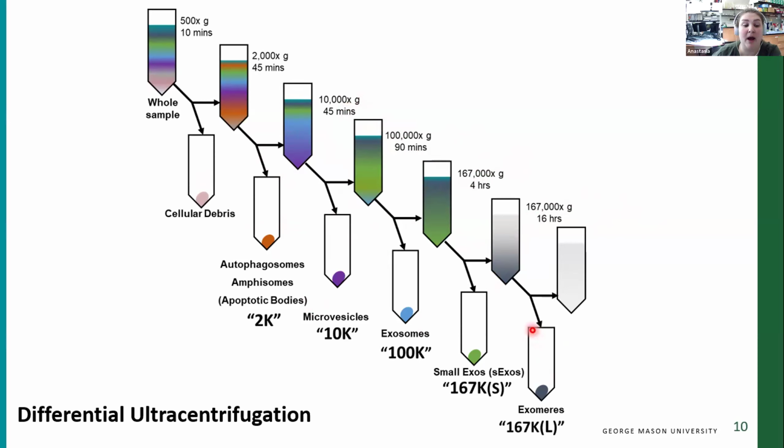And really for my talk, the ones I'm going to have the most interest in are these 100K, the classical exosomes that go through the ESCRT pathway, and then the 2K, which are more of the autophagosomes. These are our larger EVs that are considered to bud out from the host cell.